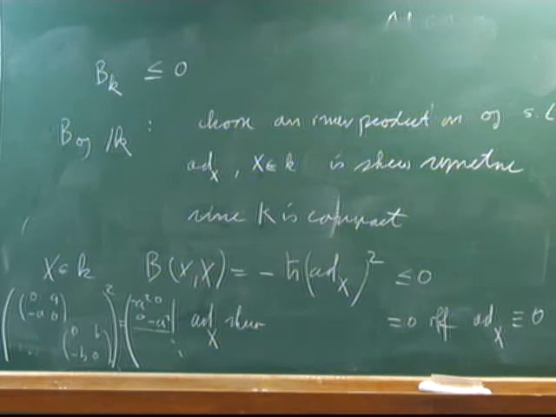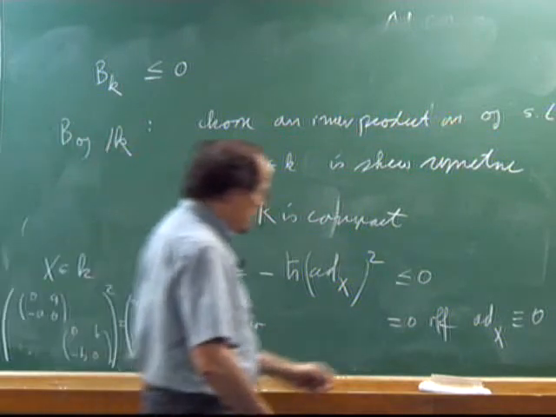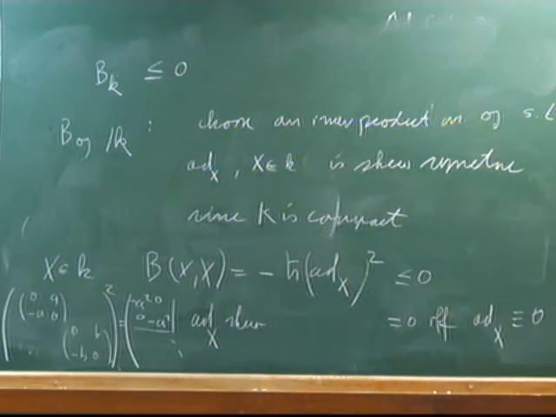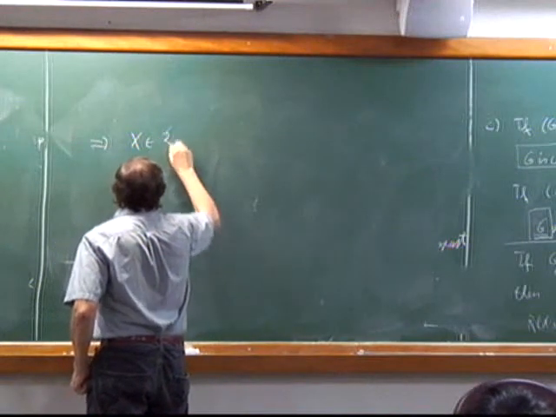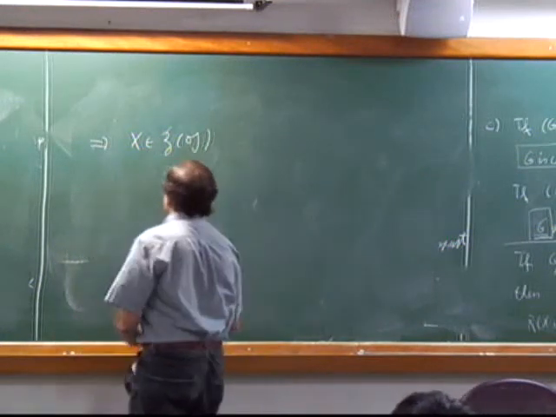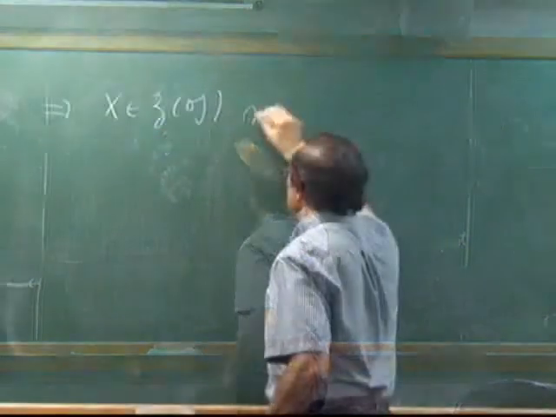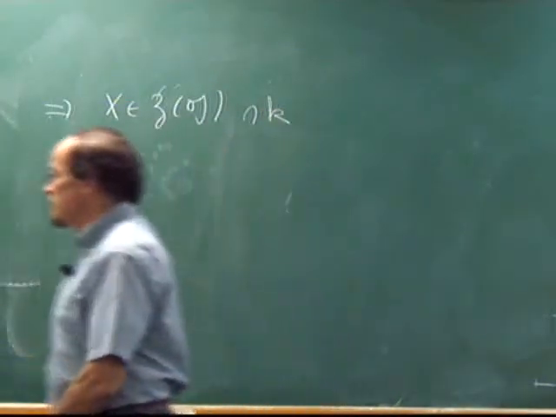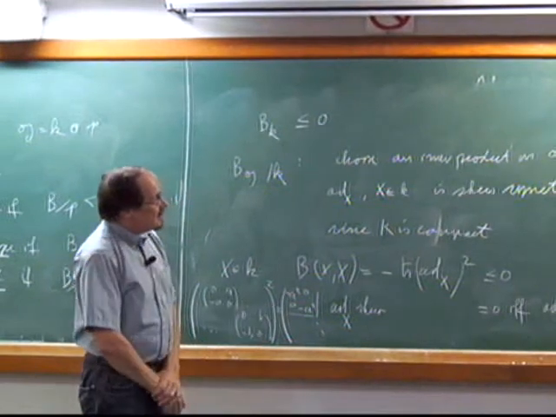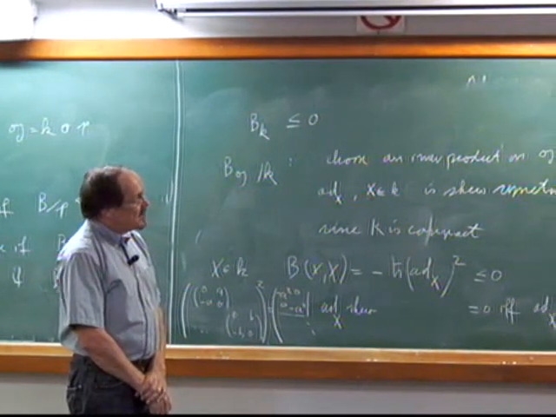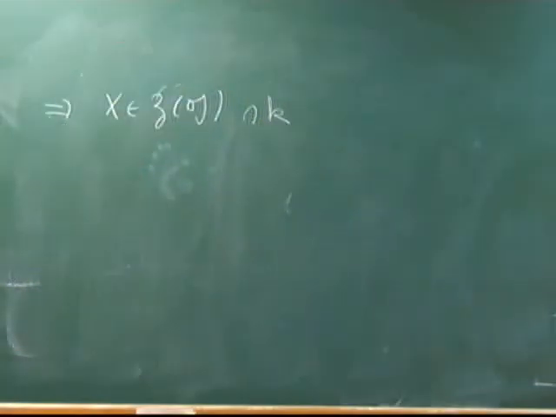Right? What does that mean? So that means that X lies in the center of the whole algebra G, and in K, since we start with something in K. Right? Well, so if the center of G and K have something in common, that's an ideal. Right?